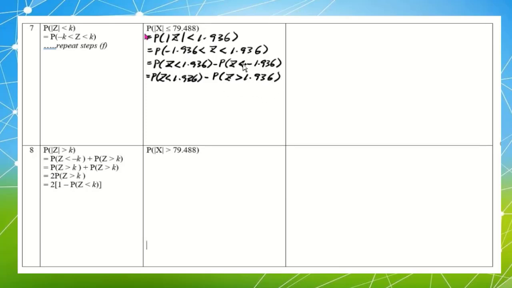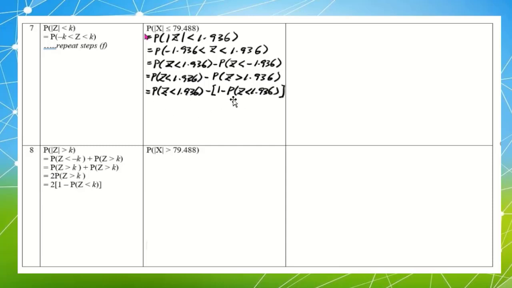I'm still not ready, so when I change greater than to less than, I can use 1 minus. So it becomes 1 minus z less than 1.936.